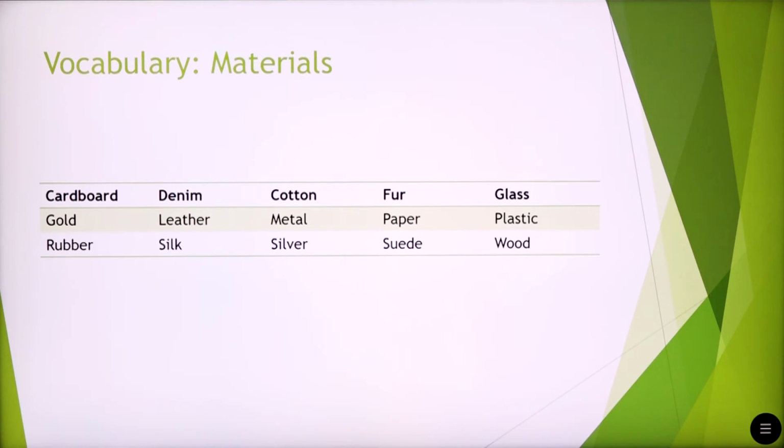If you have a notebook next to you, then you're using the material called paper. And we have other materials here. I suggest you think about the things around you and the things that you're wearing and talk to your friends or your family members. What kind of materials do they contain?